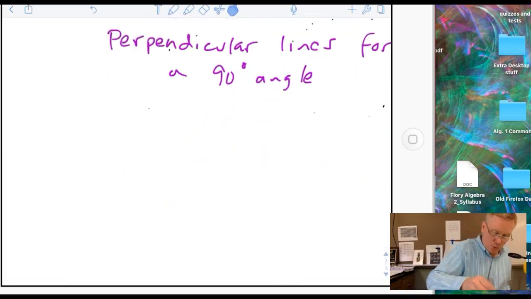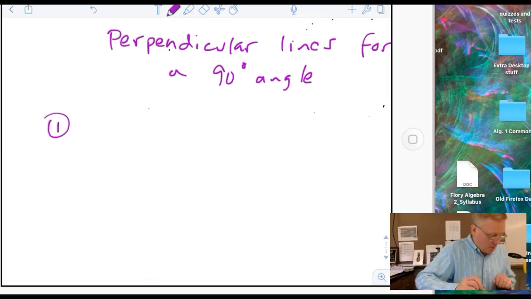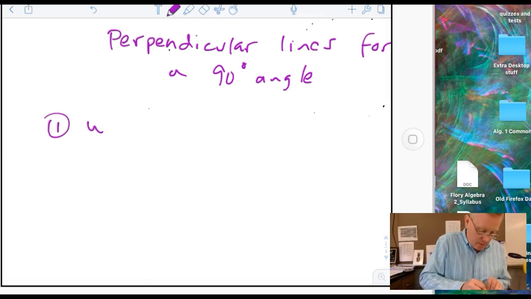Okay, question number 1. Write an equation of a line that passes through the point 3, 2.